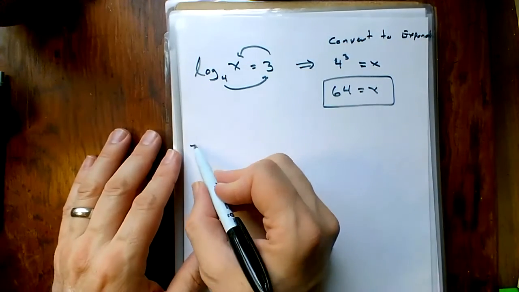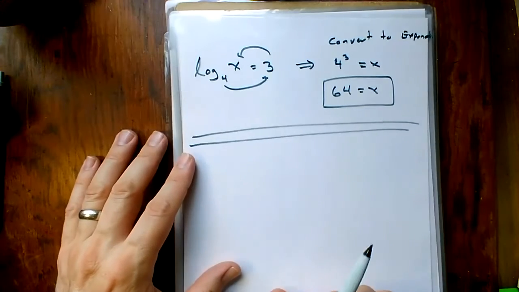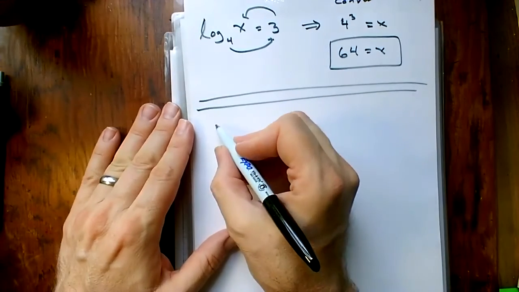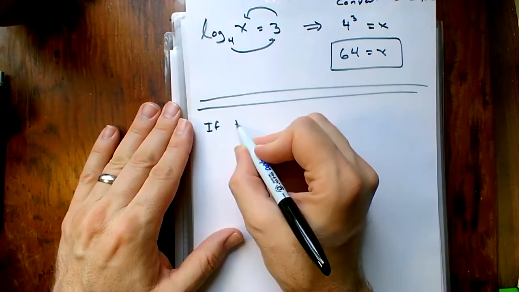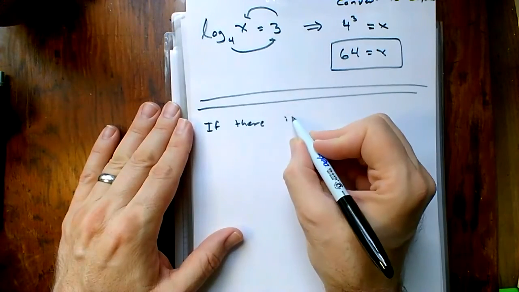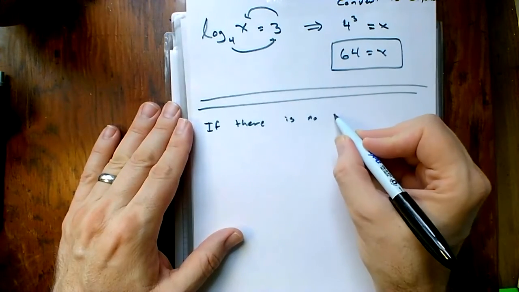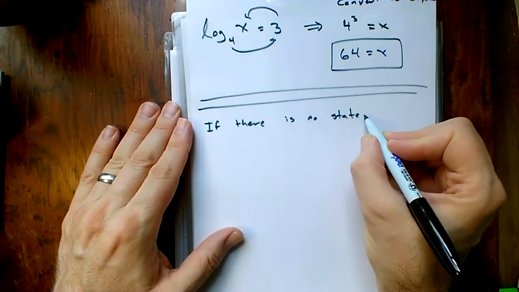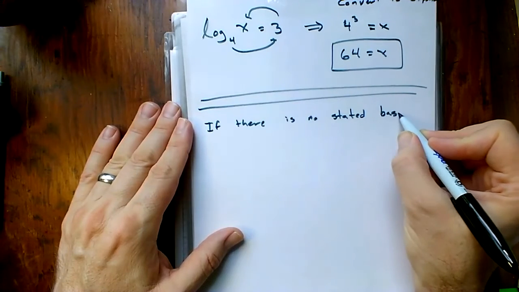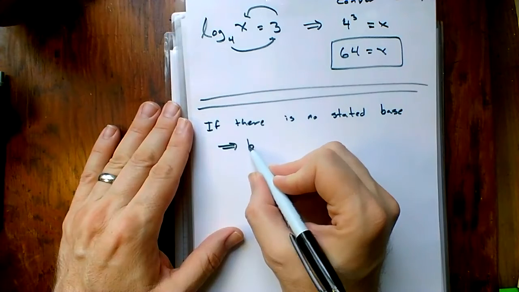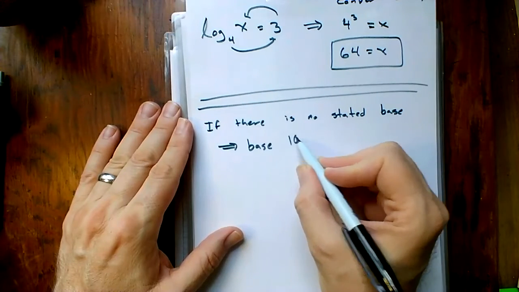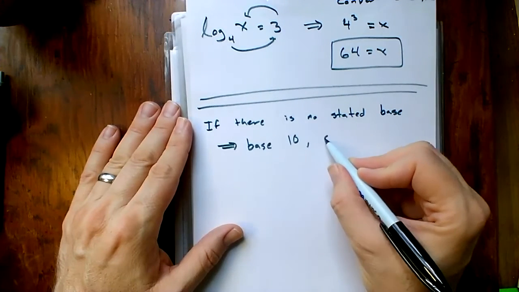A couple other special things with logarithms to note: if there is no stated base, we're going to say it is base 10. And this is what we call a common logarithm.